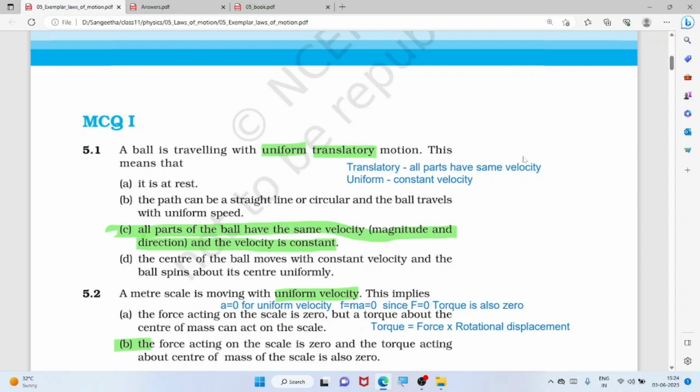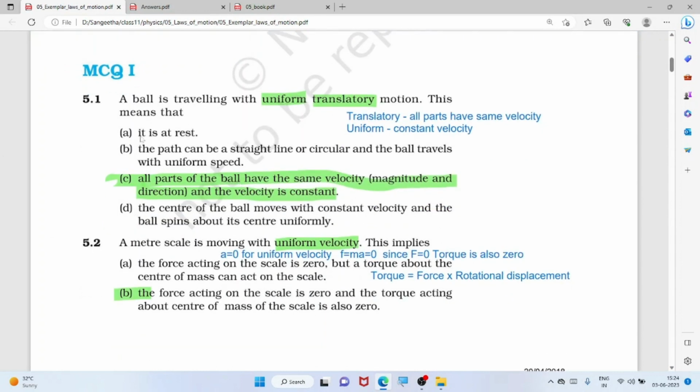So this means that all parts of the ball have the same velocity, magnitude and direction. This velocity is constant. Okay, this is the answer.